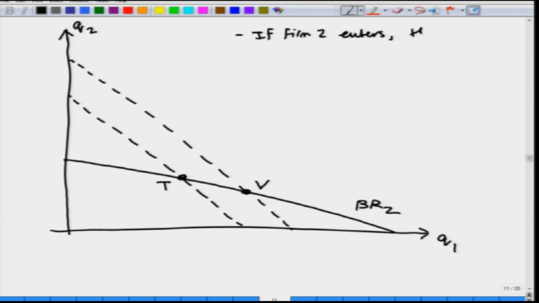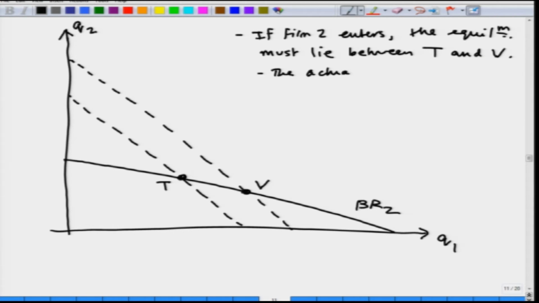the equilibrium must lie, when I say equilibrium, the Cournot equilibrium in stage 2, must lie between T and V. The actual point depends on K1 bar, which we had captured when we characterized three different points of K1 bar where the kink occurs.